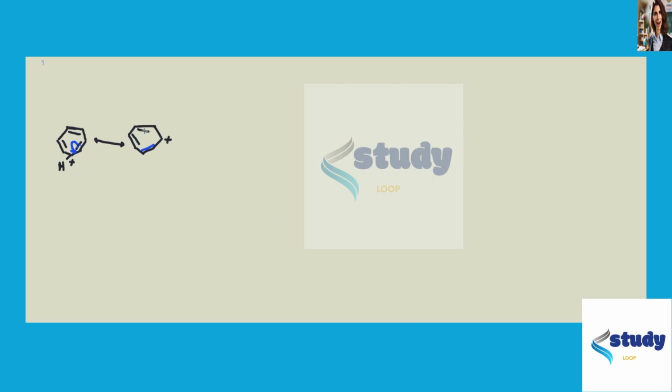At the same time, this pi bond over here can move over there. I'll do this in green actually. So now we have another resonance structure, with another carbocation up here.